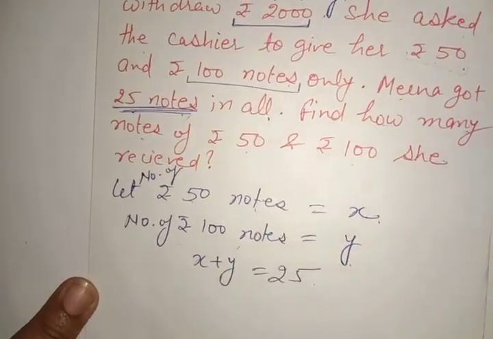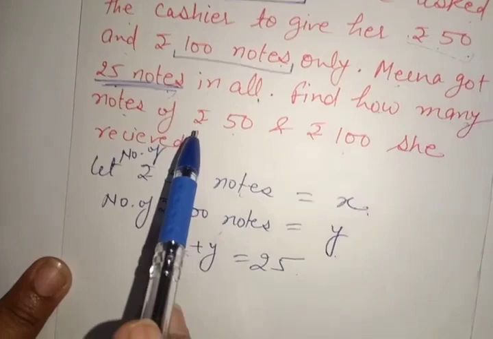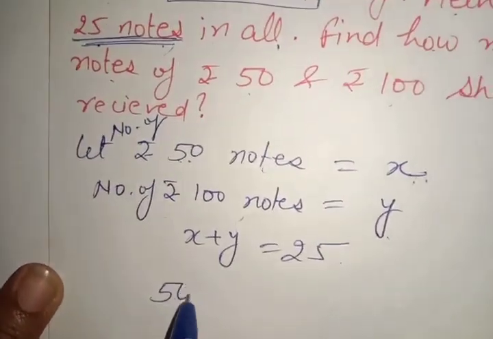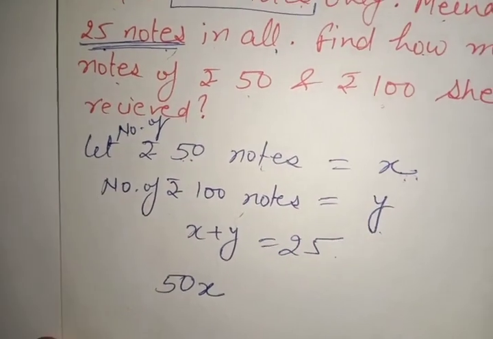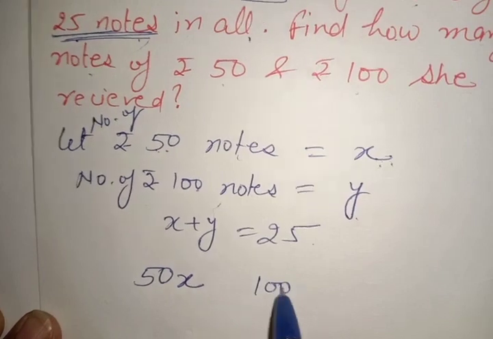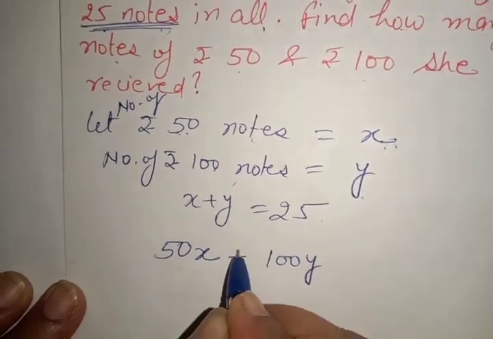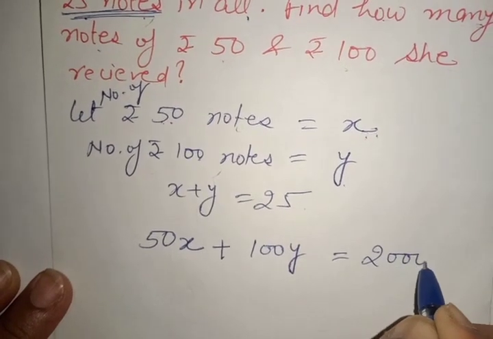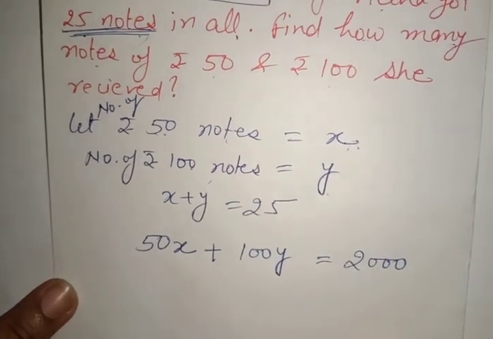Now money is 2000. 50 rupees notes x, so this is 50x money. And 100 rupees notes y, so this is 100y money. And total money she got in terms of 100 rupees and 50 rupees is 2000.